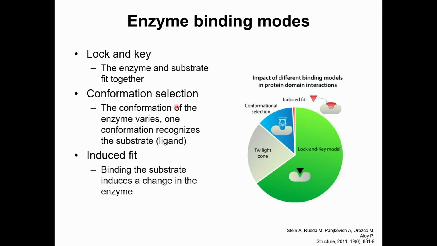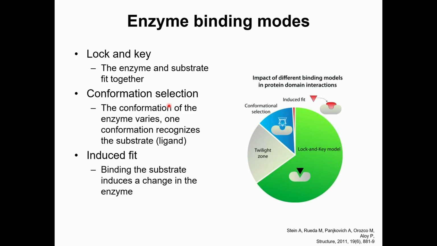In some cases, people have found that when the substrate binds to the enzyme, it locks it into an active state. The act of substrate binding stabilizes a particular structure of the enzyme, which is then active. That mechanism is called conformation selection.